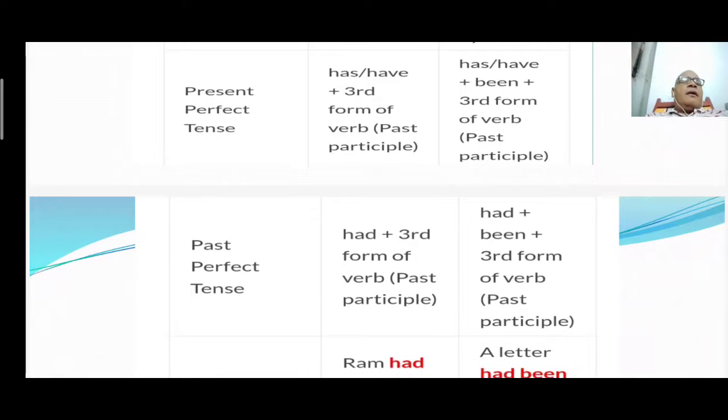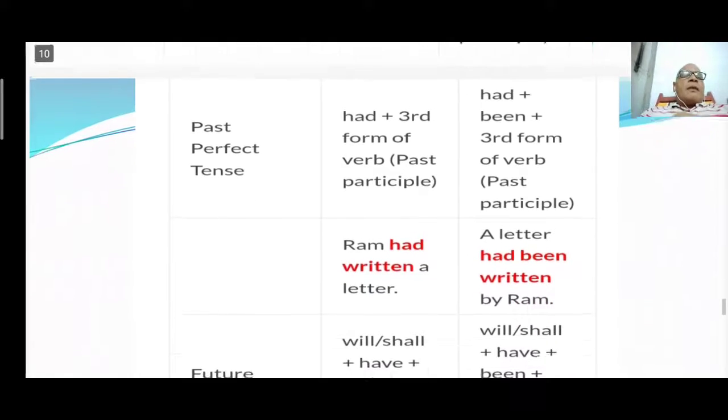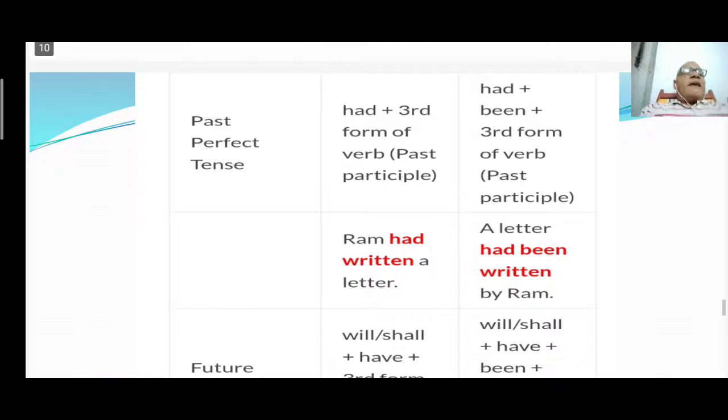Then again, how can the present perfect tense be changed from active voice to passive voice? Present perfect tense has the principle subject plus had, for both singular as well as plural. Subject plus had plus verb 3 plus object can be transferred into passive voice.